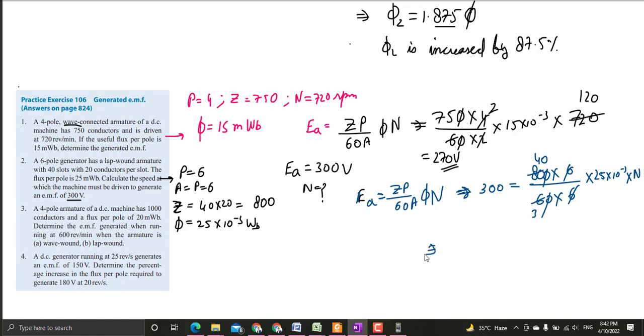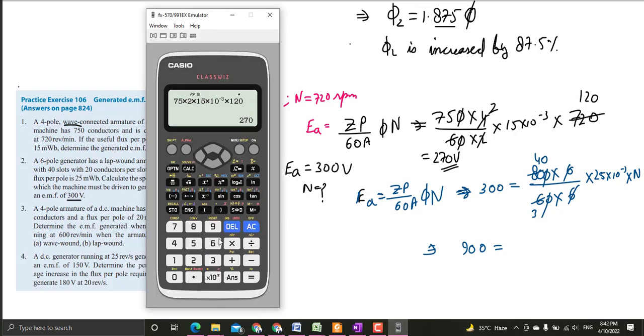So this 3 will be multiplied to 300, this 900 is equal to 40 into 25 into 10 to the power minus 3, which is equal to 1.